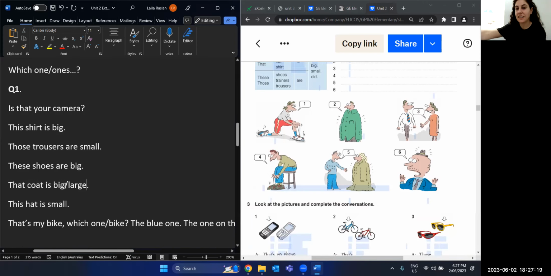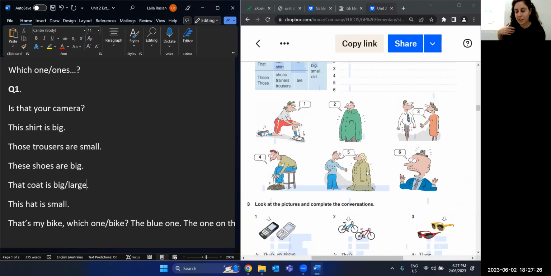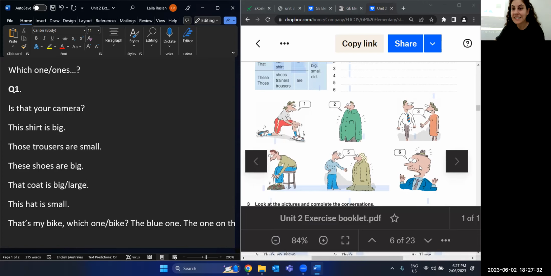Because he's not touching it, that coat. This is more like if somebody's wearing it, they'd say this, you know, because they're wearing it, but that coat. Number 6, Joanna. Yeah, because he's wearing it and he is saying it. This hat is small.